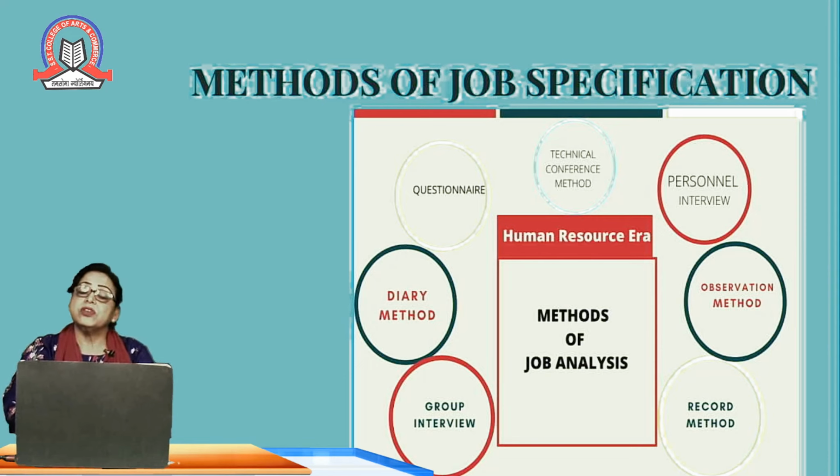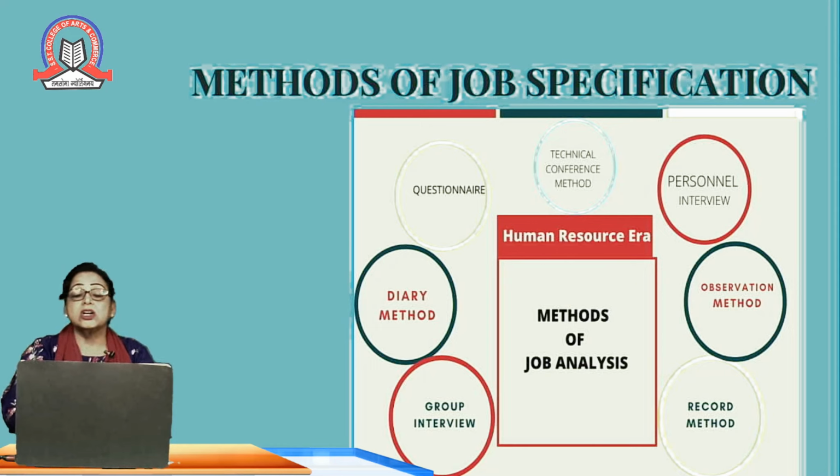Diary method, we can maintain diaries. Questionnaire method, we can give questionnaires to the prospective employees. We can use technical competency method, we can check their technical competency. We can take their personal interviews, that is communicating with them in person.